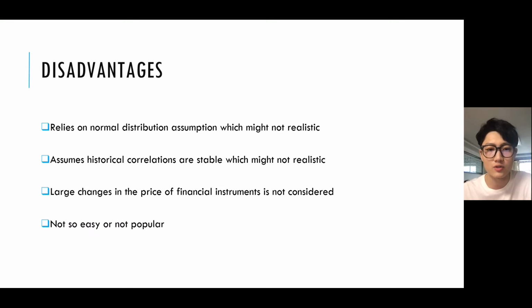Second, it assumes historical correlations are stable, which might not be realistic. Third, the method will be inaccurate if large changes in the price of financial instruments in the market need to be measured. The last one is that it is not easy to explain and not popular among investors.